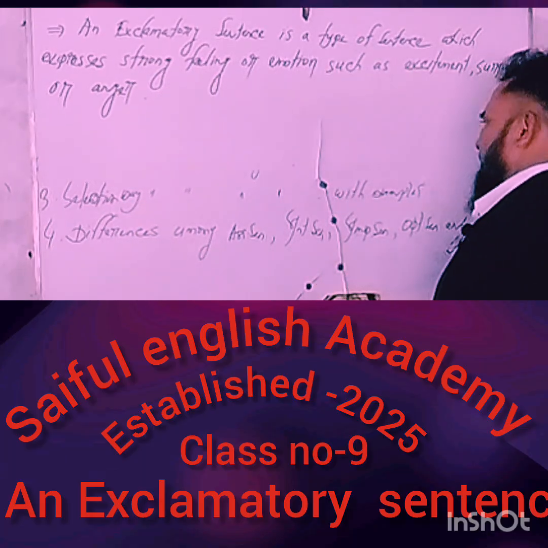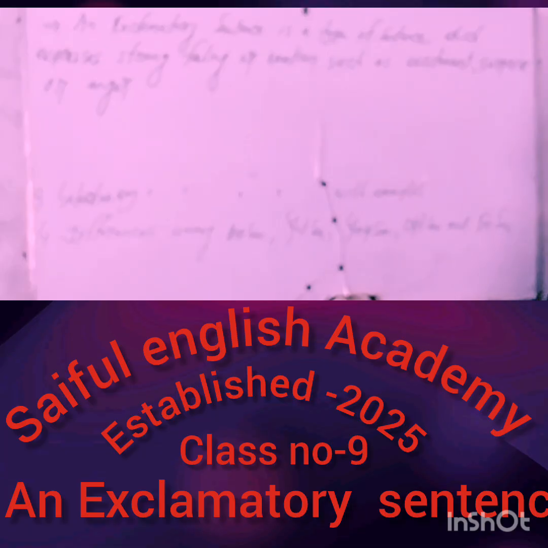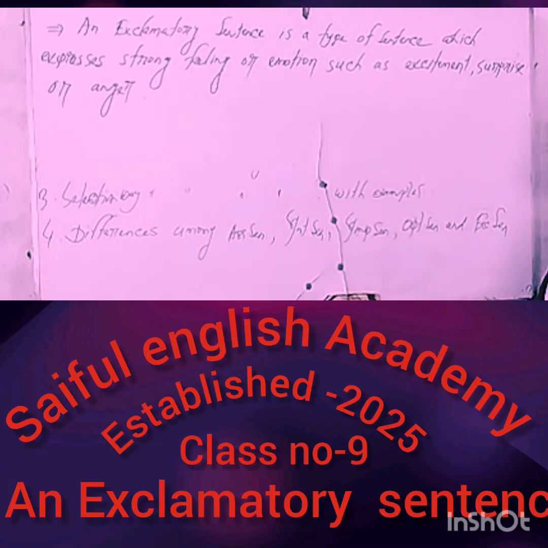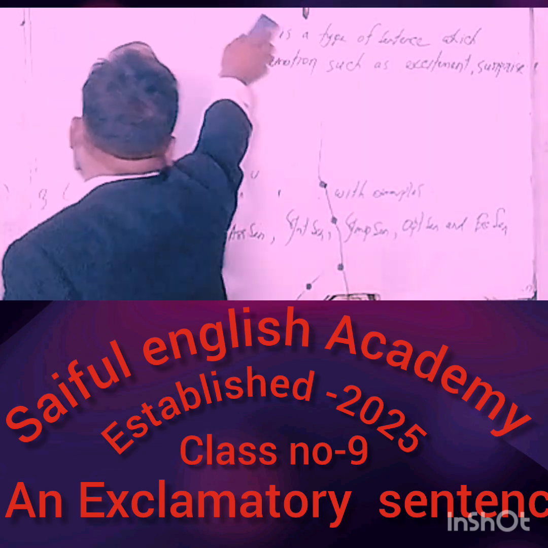Okay, my dear learners, let's hope that you have understood clearly. If you want to define an exclamatory sentence, you can say that an exclamatory sentence is a type of sentence which expresses strong feeling or emotions such as excitement, surprise, or anger. I hope that you have understood clearly.